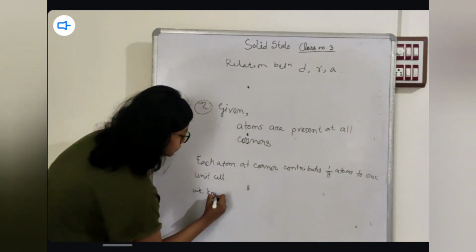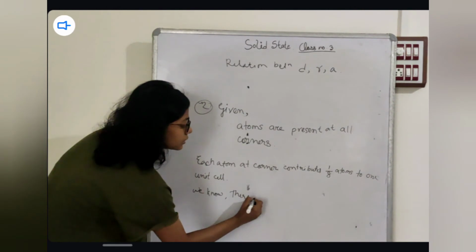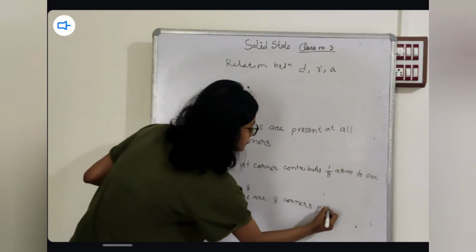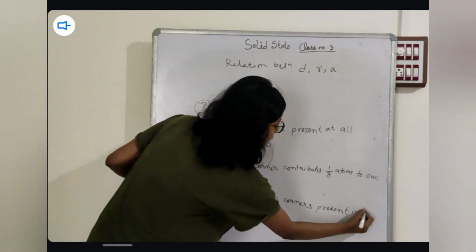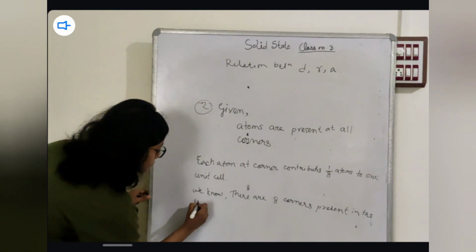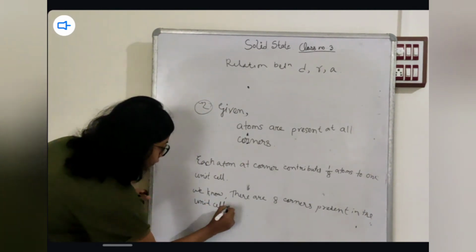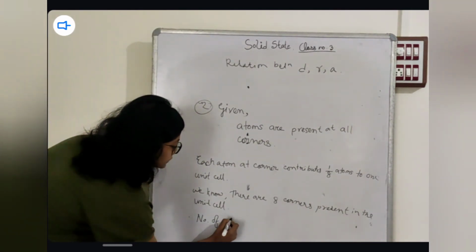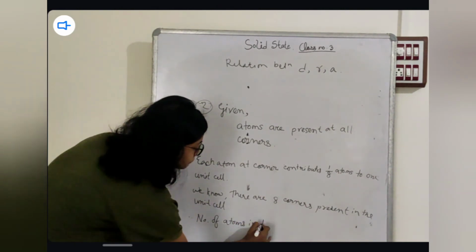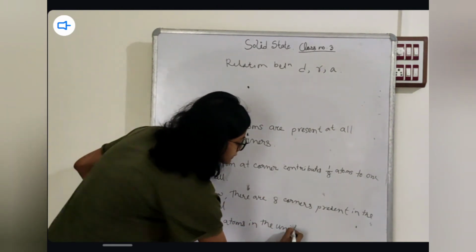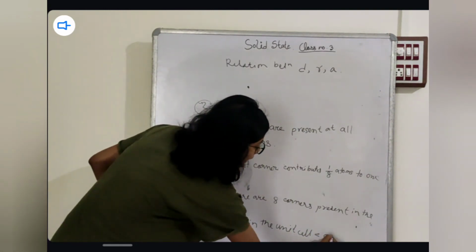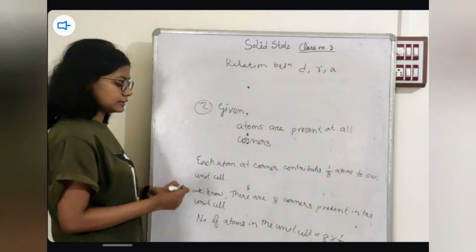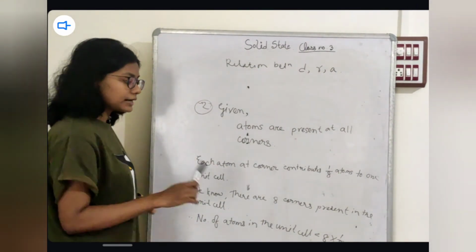We know there are how many corners? There are total 8 corners present in the unit cell. Therefore, number of atoms in the unit cell is equal to 8 into 1/8 is equal to 1. So number of atoms in the unit cell is equal to 1. So you write it this way.